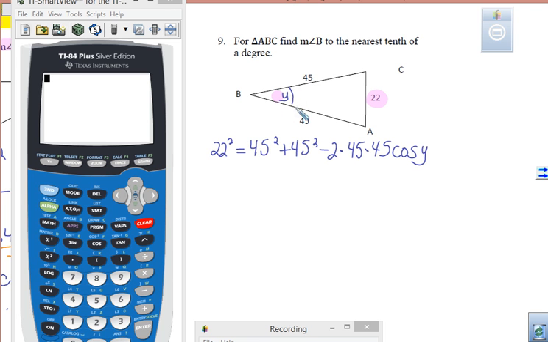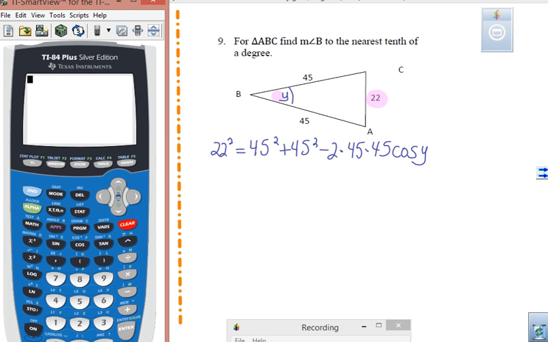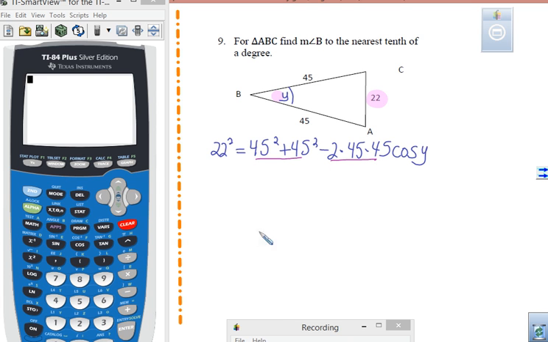Here's my angle that we're trying to figure out, and the 22 is opposite that. So we start out with 22 squared. The next thing we need to do is simplify and find these two purple things separately.